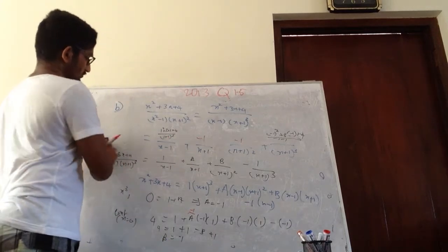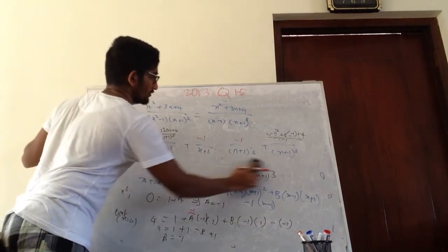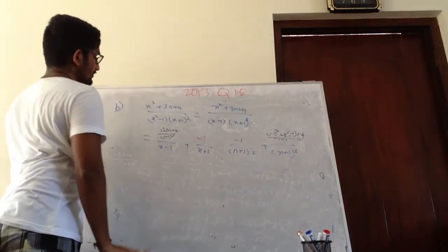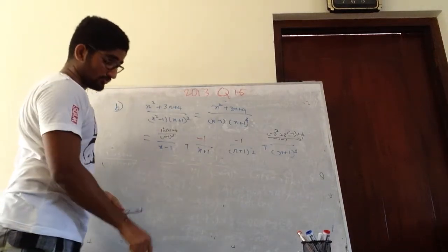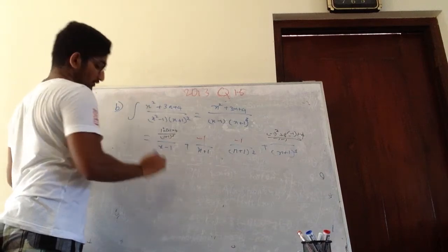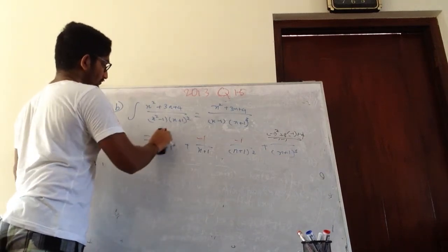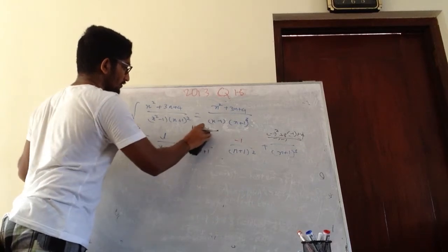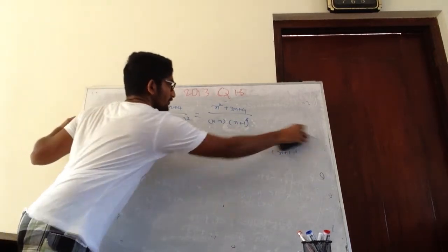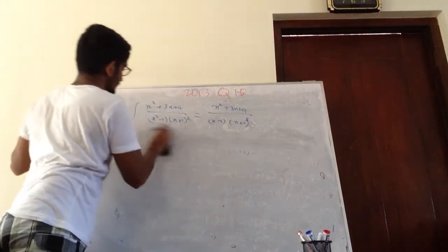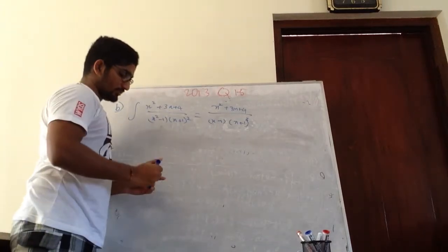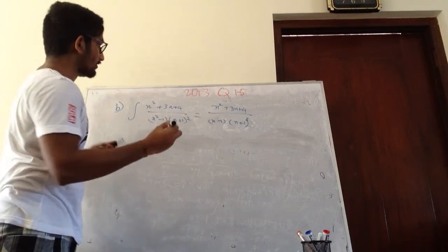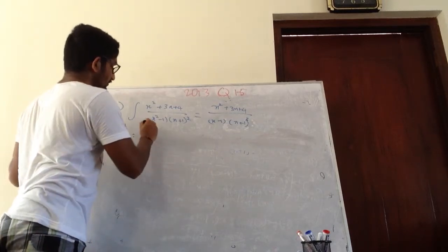So now we need to integrate this. Here this was also 1. Right. So now we need to integrate this. So what did we find?